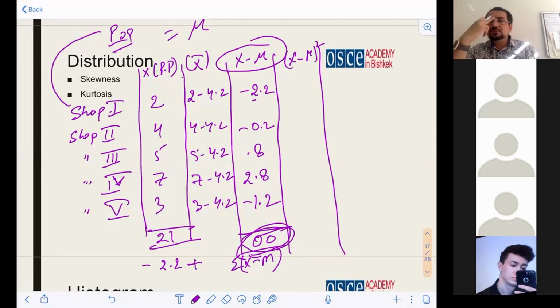So in order to get rid of this 0, we are going to put the square. Now I'll tell you how it works. When you do the square, it's minus 2.2 multiplied by minus 2.2. It's going to be 4.84. So we get the answer in plus.